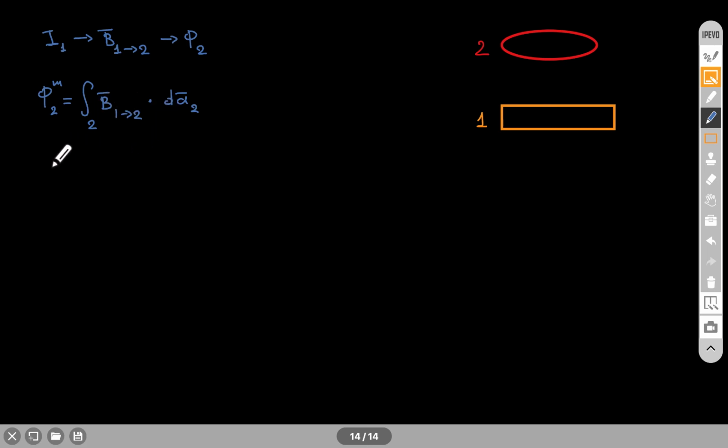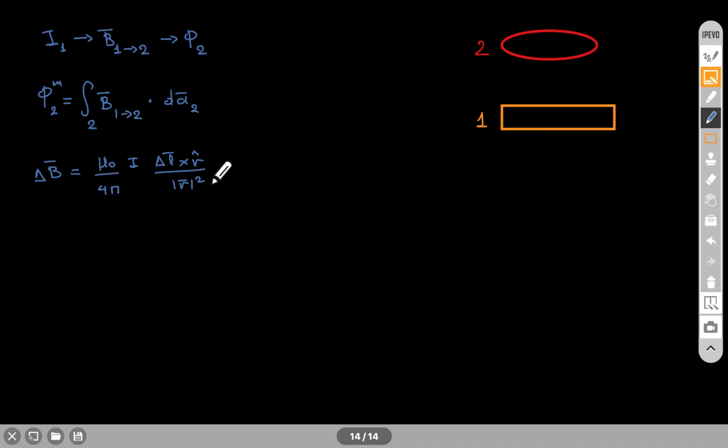Now we know Biot-Savart's law, right? Mu naught over 4 pi, I delta L cross r hat divided by r squared. Let's make that a small delta B from a small current.